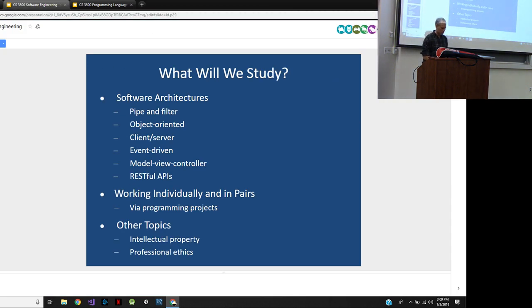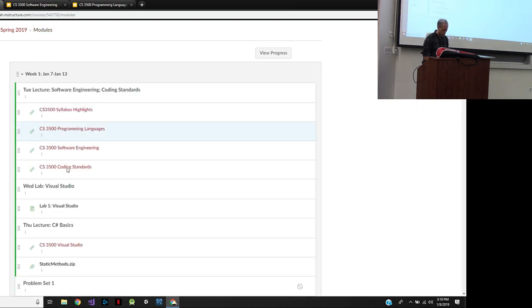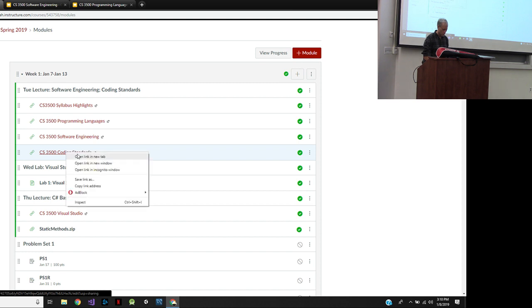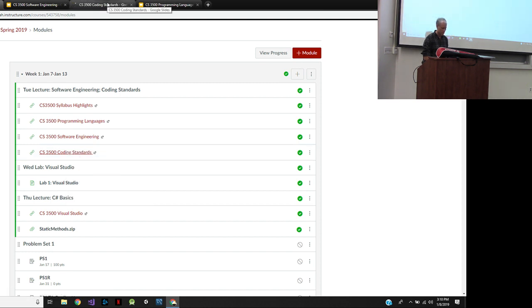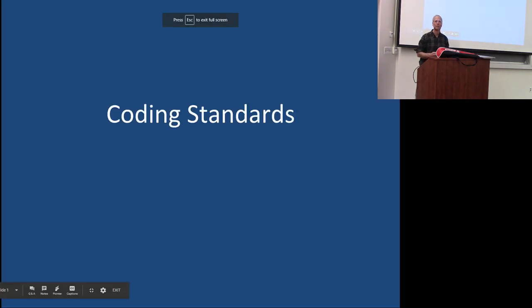Now, I want to finish with one more topic, and that's coding standards. So who knows what a coding standard is? A standard for coding. Documentation written to cover how the code should be written.